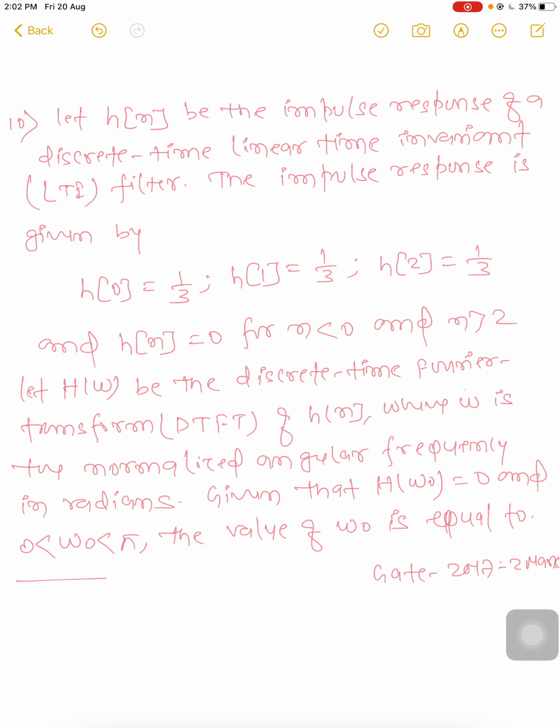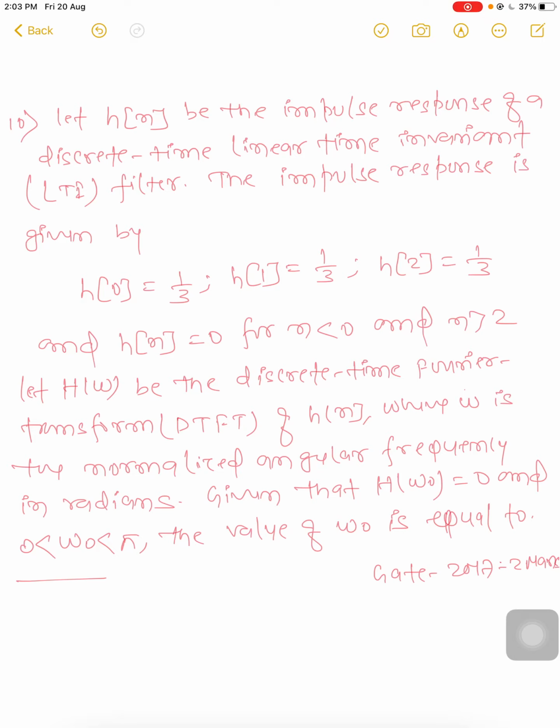Now comes to the next question. Let h[n] be the impulse response of a discrete-time linear time-invariant (LTI) filter. The impulse response is given: at position 0 it is 1/3, at position 1 it is 1/3, at position 2 it is 1/3, and h[n] is equal to 0 for n less than 0 and n greater than 2.